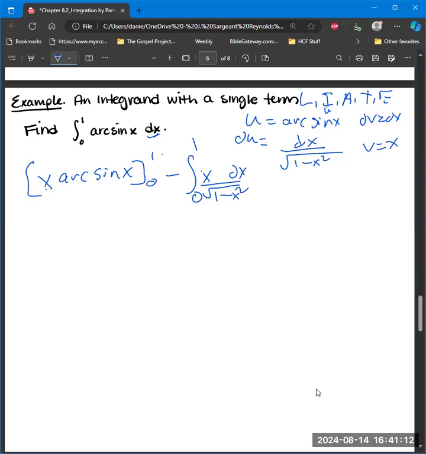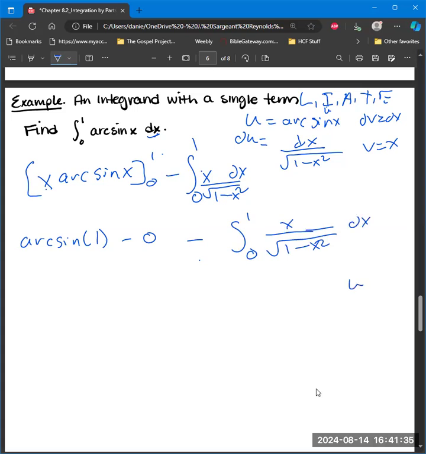So 1 arc sine of 1 minus 0. Arc sine of 0 is also 0, so that's 0 all the way around, minus the integral 0 to 1 of x over root 1 minus x squared dx.